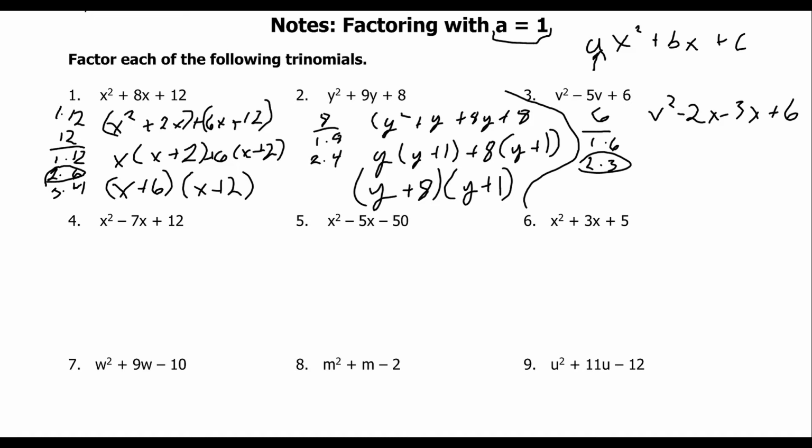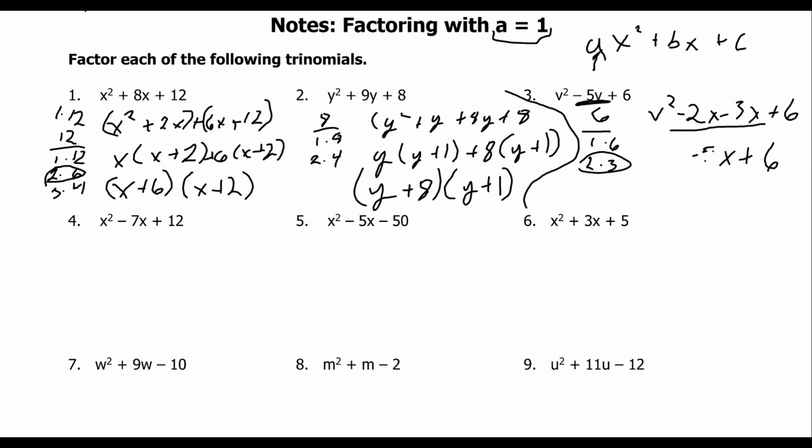Keep in mind, okay, that's a negative 5. We need these to combine for negative 5. And then we're left with v squared minus 5v plus 6, right, if we were to combine them.